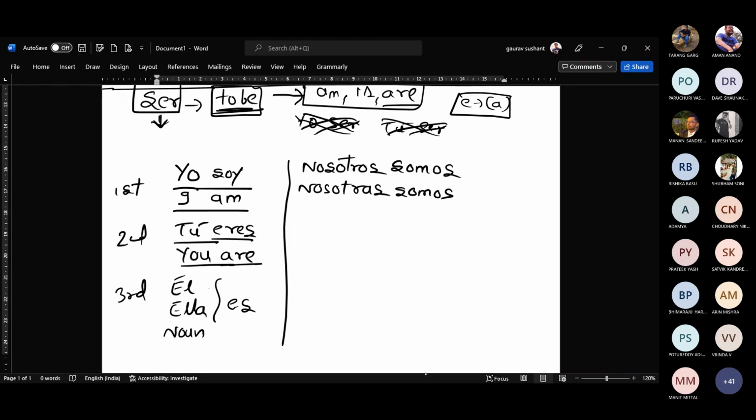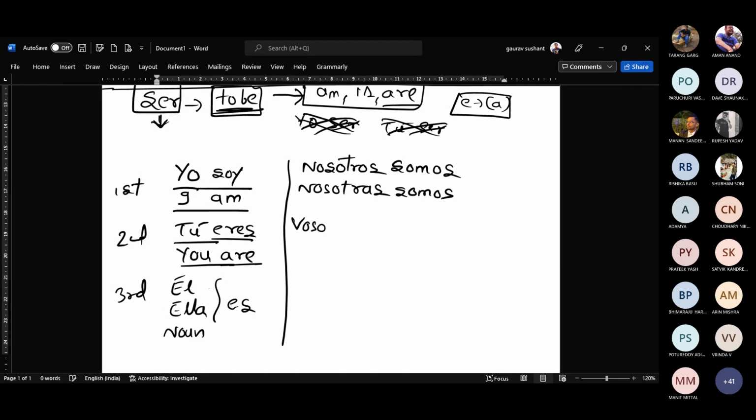Do not make it masculine or feminine according to these subjects, because verbs do not have gender. So somos is the only form which you will use with nosotros or nosotras.